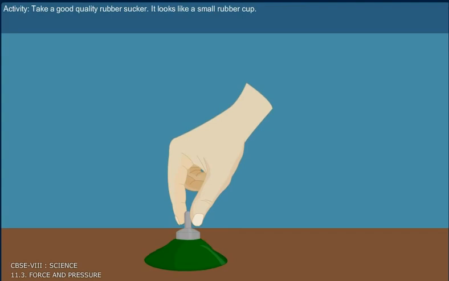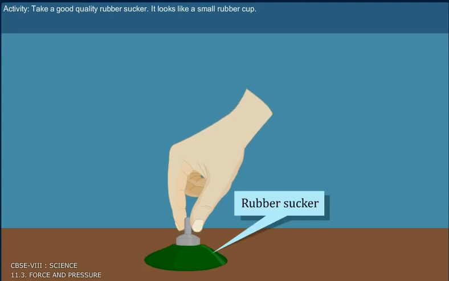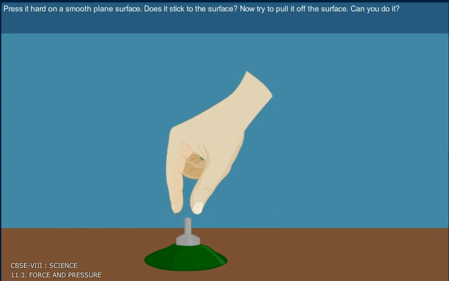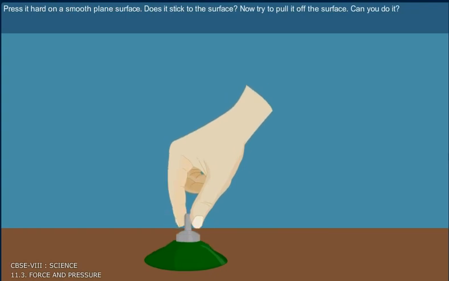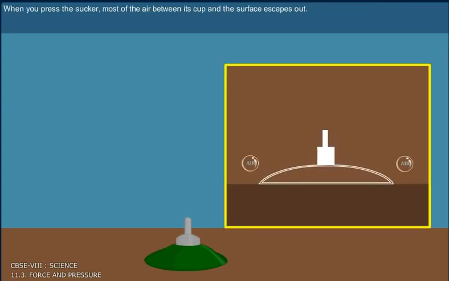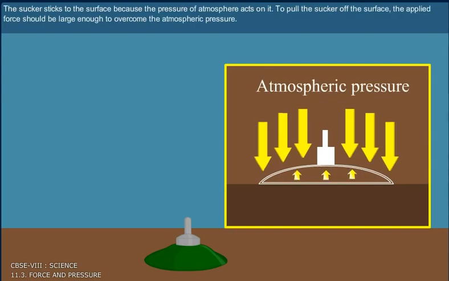Activity: take a good quality rubber sucker. It looks like a small rubber cap. Press it hard on a smooth plain surface. Does it stick to the surface? Now try to pull it off the surface. Can you do it? When you press the sucker, most of the air between its cup and the surface escapes out.